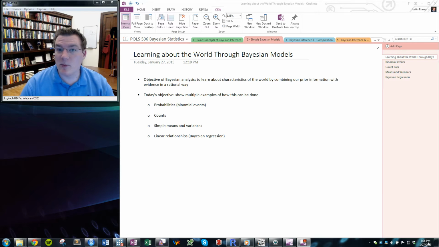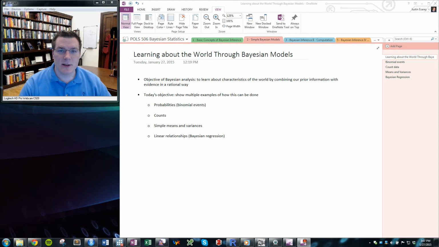And there's a slope and y-intercept associated with that, thinking about a single variable model here. We might have prior beliefs about what the slope should be based on previous work. And then we collect evidence and update our beliefs about that. So right now I'm going to show you all four of these examples, and I'll talk a little bit about the theory behind it, and then we'll do some example work in R.